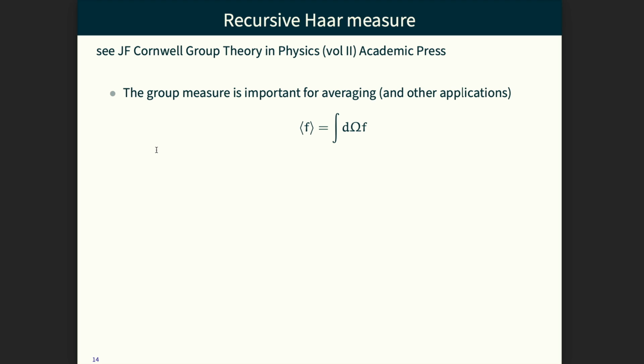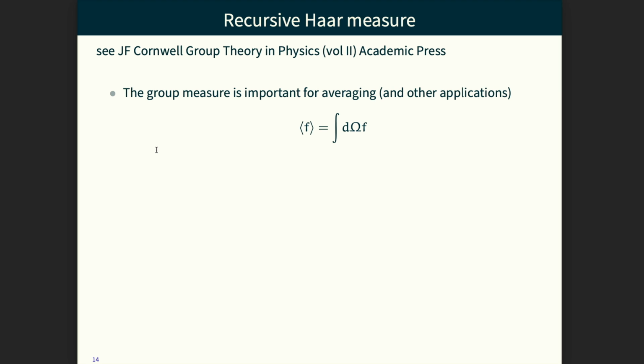And maybe you're also interested in understanding the distribution of angles, because they're not necessarily uniformly distributed. And the tool to do that is what's called a Haar measure.